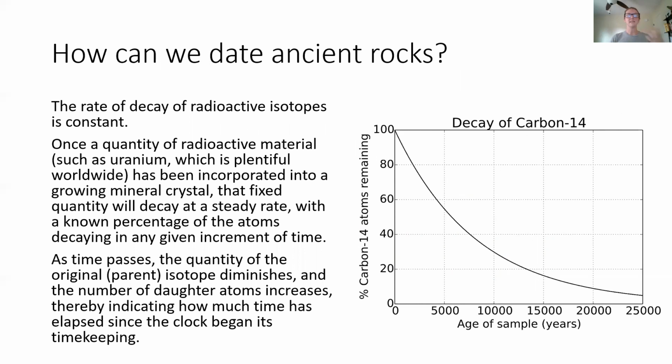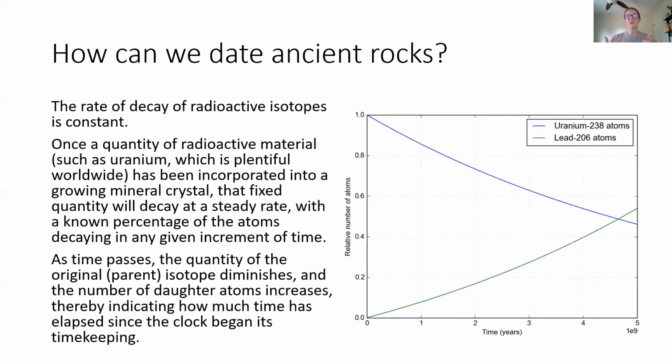Right? So as time passes, the quantity of the original parent diminishes, the number of daughter atoms increases, and this allows us to figure out the age of the material. So this graph is showing that over time, the blue uranium parent decays, while at the same time, the green daughter increases. This example is for uranium-238, lead-206.